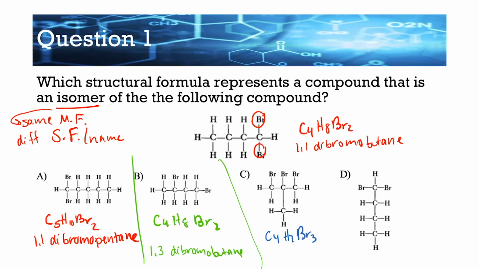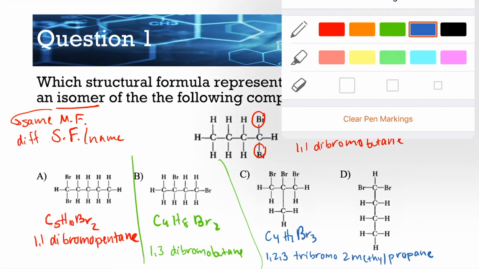The name is 1,2,3-tribromo-2-methylpropane. Now, if that's not a long name, I don't know what is. They do get longer. So, whether or not you can name that, that doesn't matter. But the formula doesn't match, so it can't be an isomer.